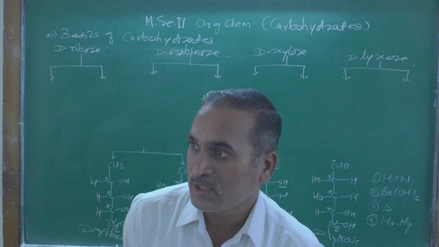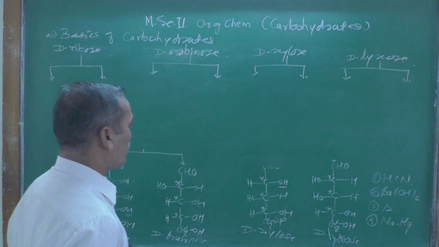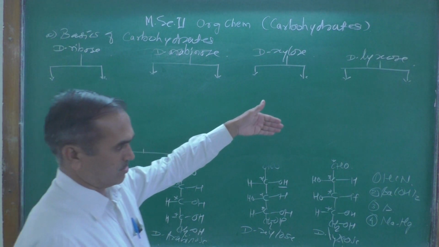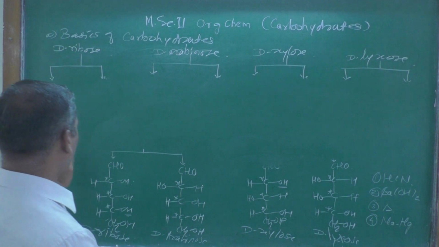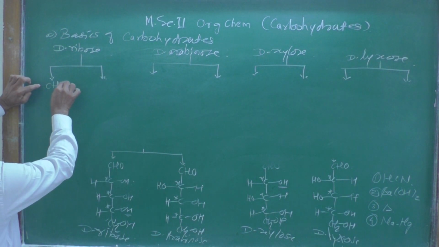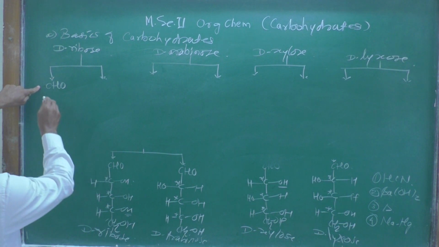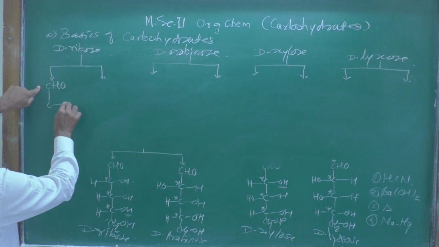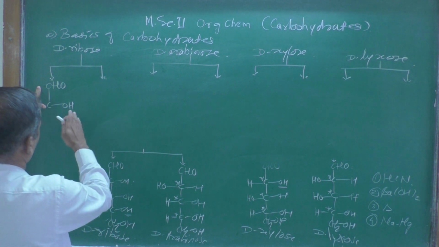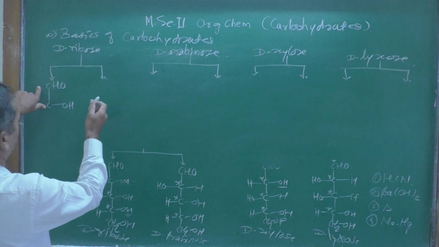And let us see over here how we can arrive. By doing all these things together, the CHO remains as it is. Now here, for the first time I am putting the hydroxy group on the right hand side.